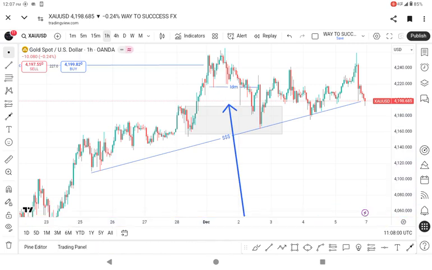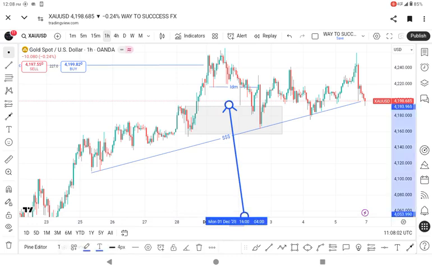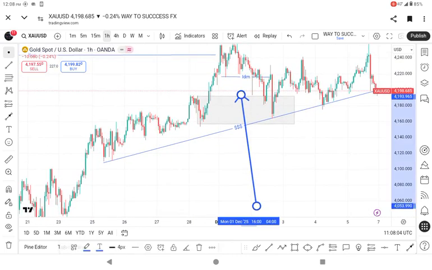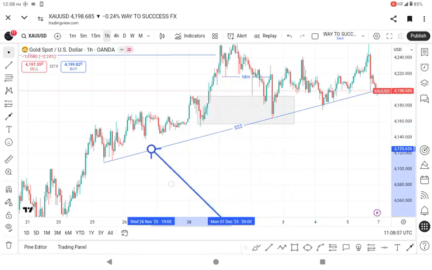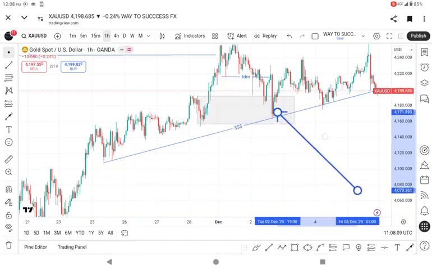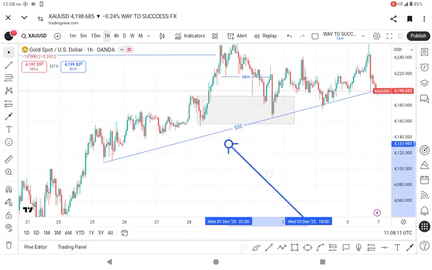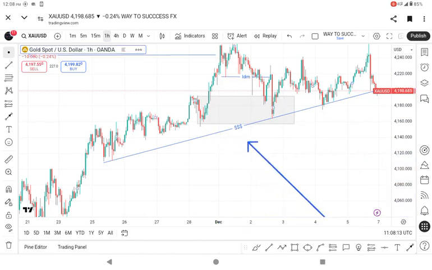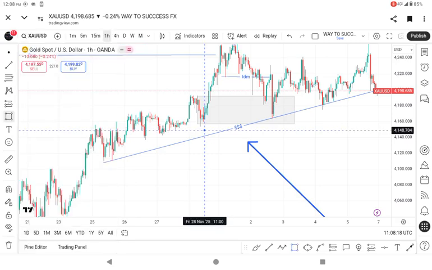After this, if you look here, you will see that this is the origin of the trend line, and after the trend line, I have this POI that is sitting here.